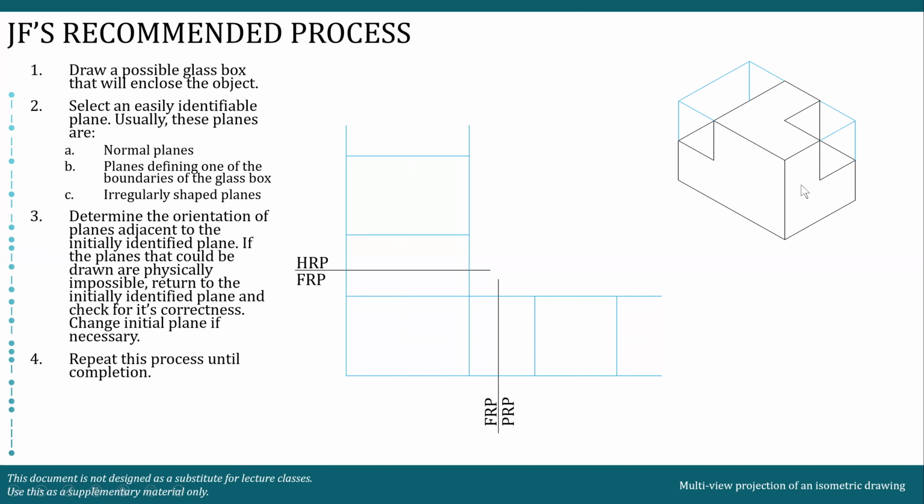Tapos, umakyat siya papunta dito sa ceiling. Nakikita nyo ba? Well, dito sa isometric, mukhang point view yun. Kumbaga, yung line na to, yung line coming from here, papunta dito. Pag tinignan mo siya sa isometric, it is seen as a point view.